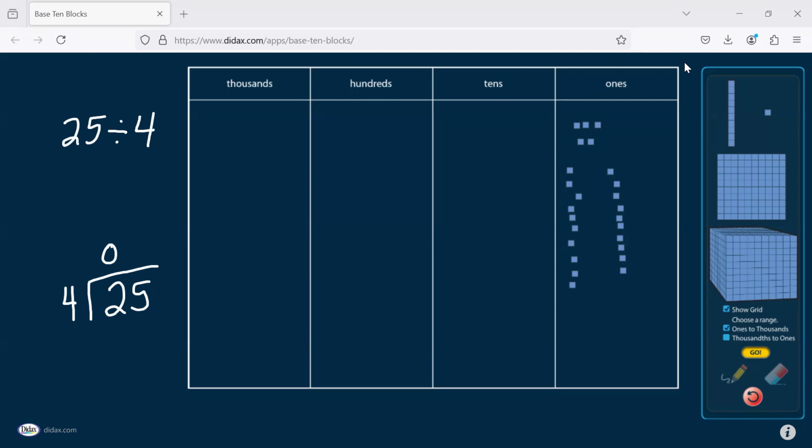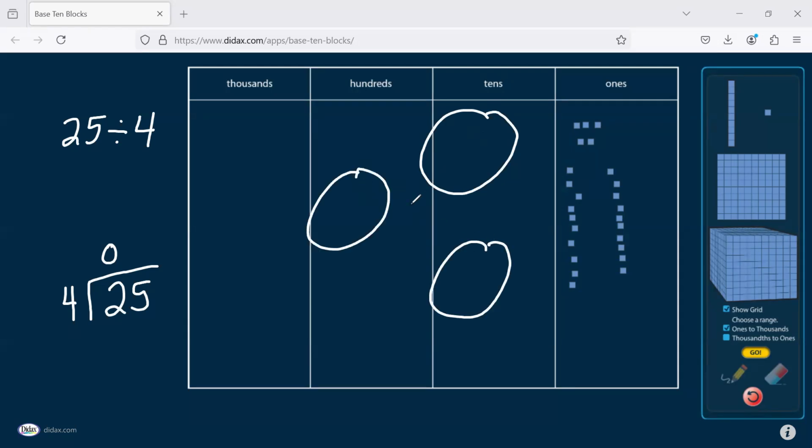And one thing, if your students are struggling with their groups, you can have them draw circles. So 1, 2, 3, 4, if they're having problems with that. So then just have them separate these. So 1, 2, 3, 4, 5. A lot of times students will pick up about how many they could put in.